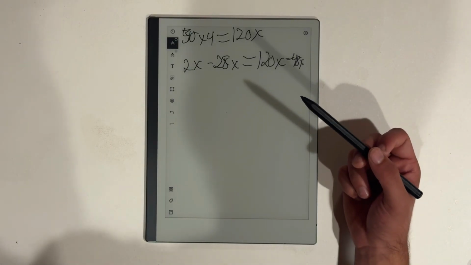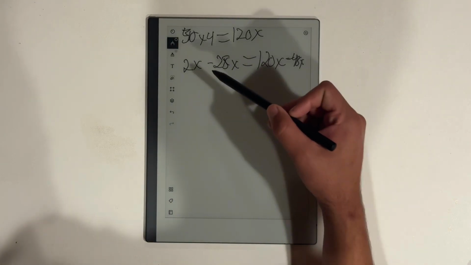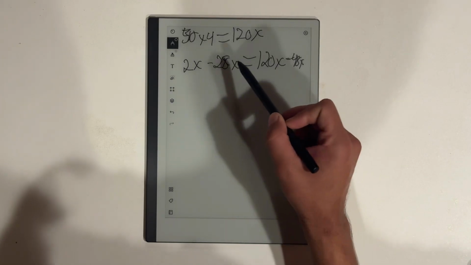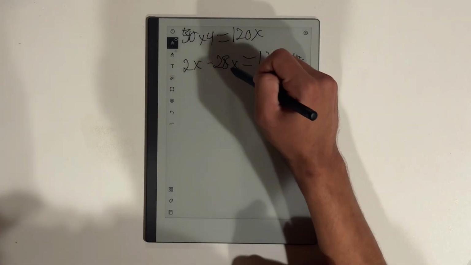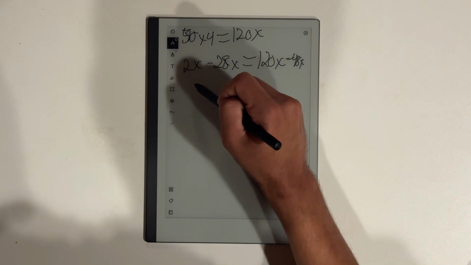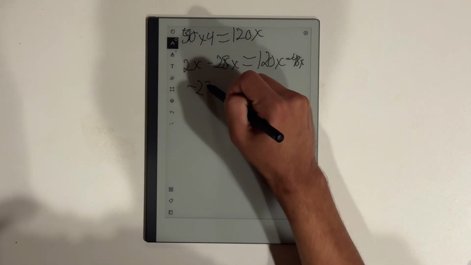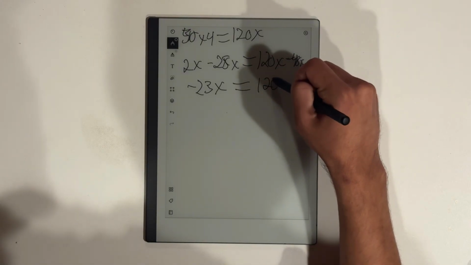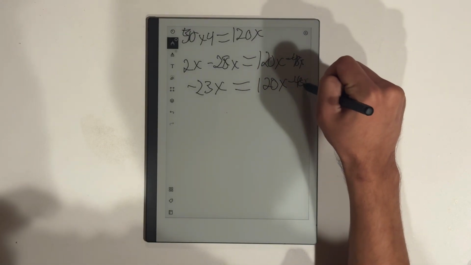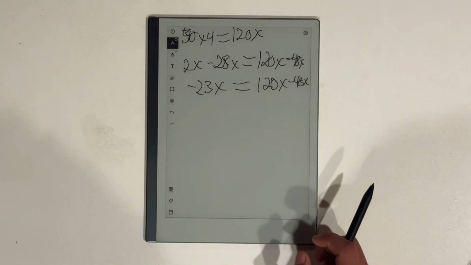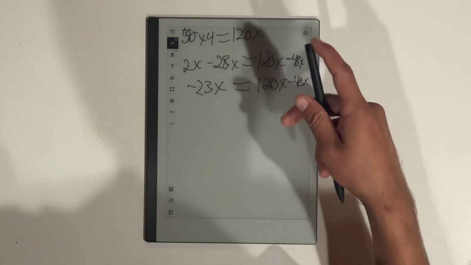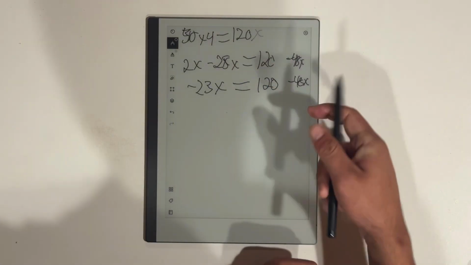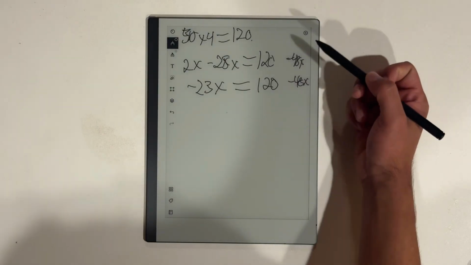And so now what you're going to want to do is subtract the like terms. So you're going to want to do 2 minus 25, so that will be negative 23x equals 120 minus 48x.